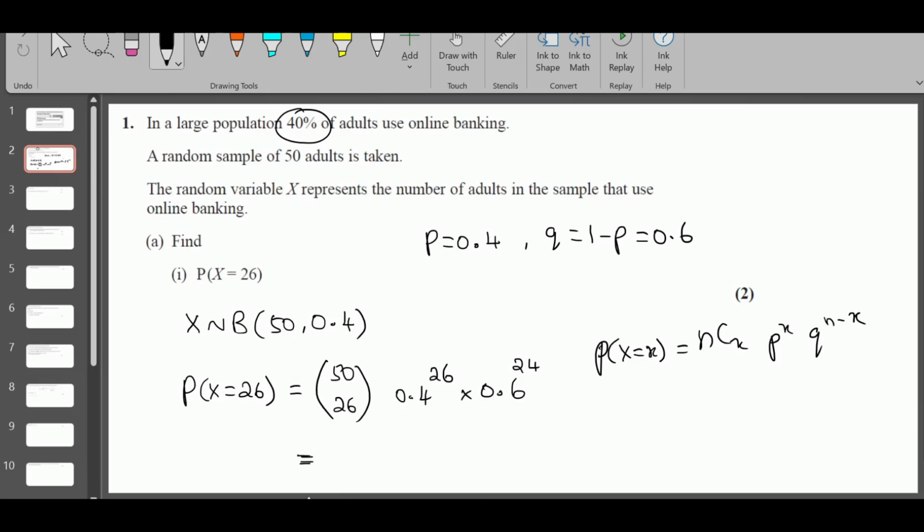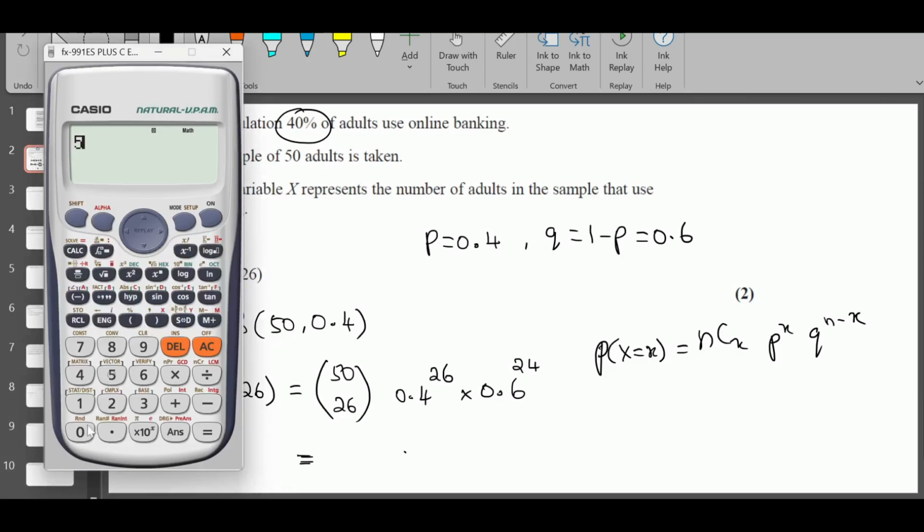So let's get this value. It's 50C26 times 0.4 to the power 26 times 0.6 to the power 24.